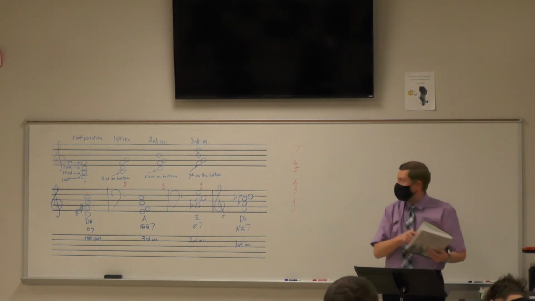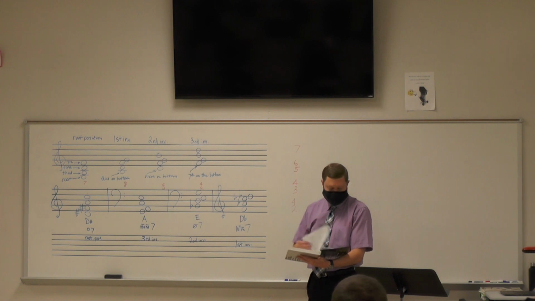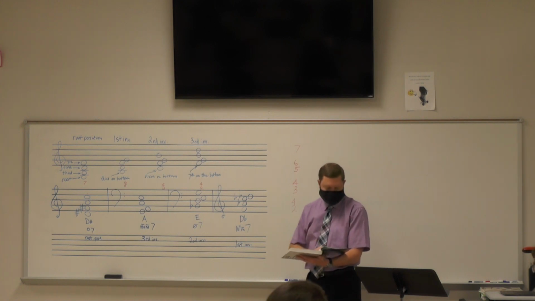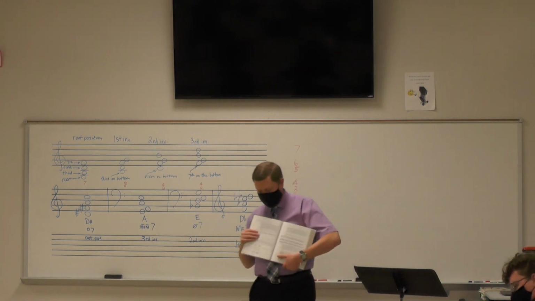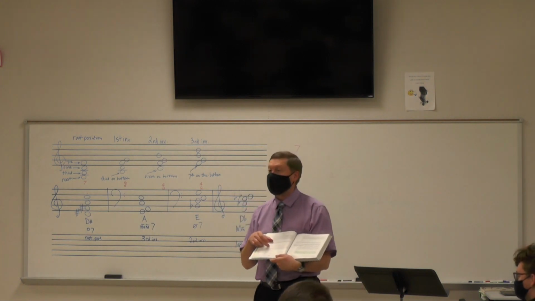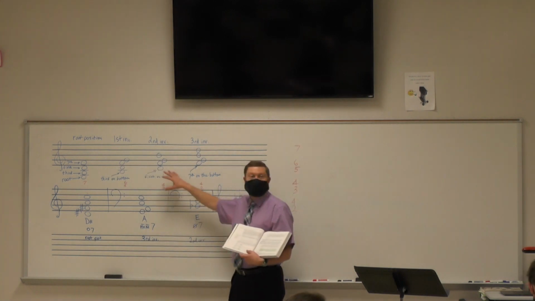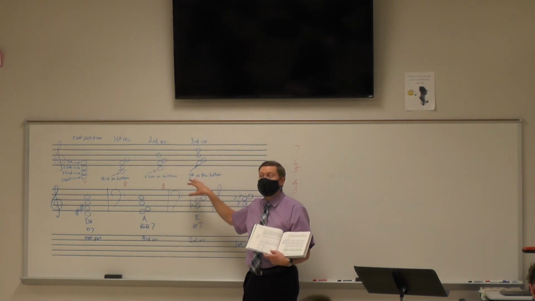I don't think I'm going to turn on the TVs and the camera just to show this, but I will point you to page 44 in your textbook. Page 44 has a table right in the middle of the page, and it gives you all of this number information we just went through.